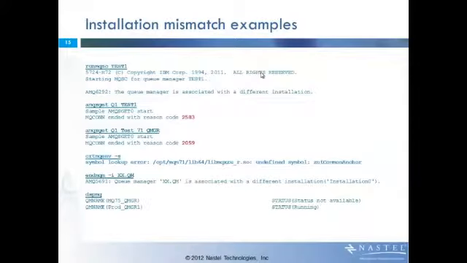So let's look at some examples of installation mismatches. An installation mismatch is when you try to run a program or a command and the current installation that's being used is not the one that is needed to do that command. At the top, we've done a runmqsc to test1, and we've got a return message back, AMQ6292, indicating that the queue manager is associated with a different installation.